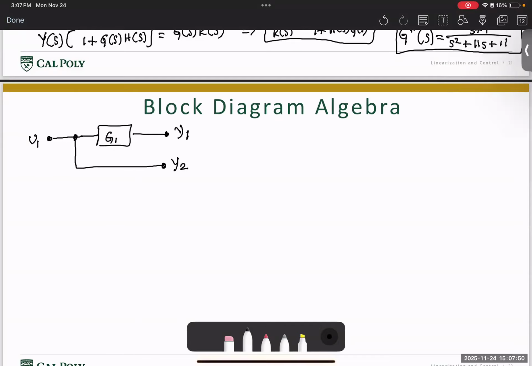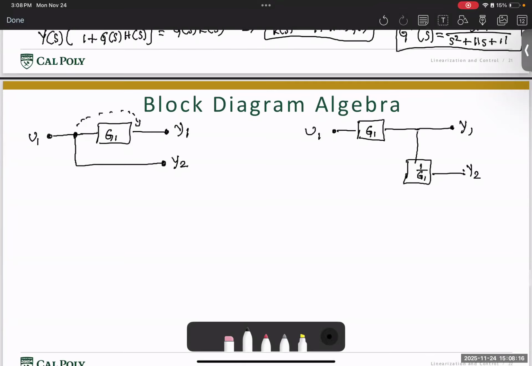Then if I want to move this pickoff point to a point after the gain, then u1 is essentially some block g1 times here we have y1, and then here we have another block which is 1 by g1 that goes to y2. Why? Because y1 in this case is nothing but u1 g1 and y2 is nothing but u1.